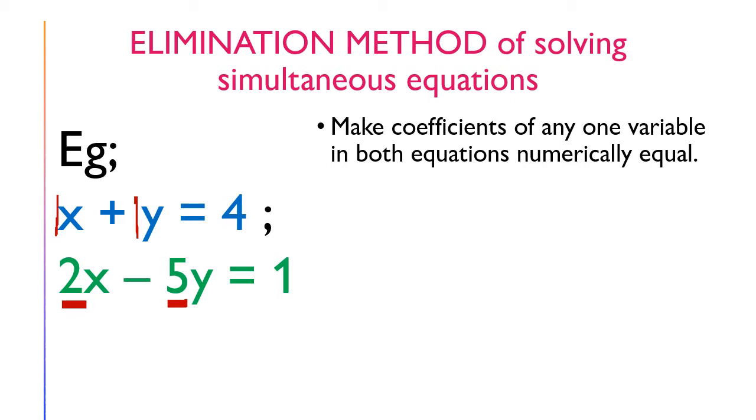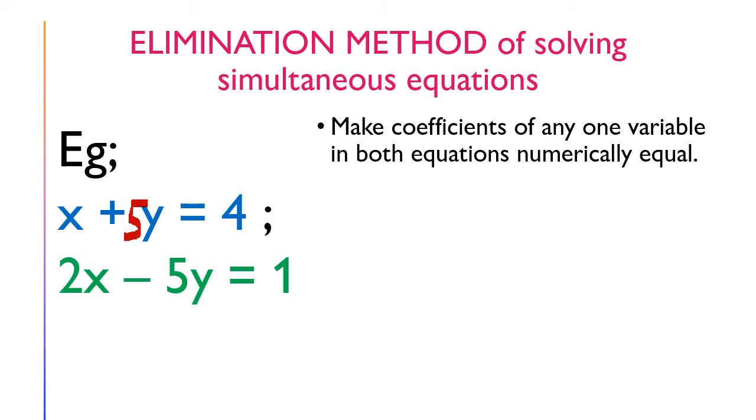We are supposed to turn the coefficients of any one variable. Either you make the coefficient of x the same in both the equations, or if you are taking y, then see to it that the coefficient of y is the same, for example both 5.